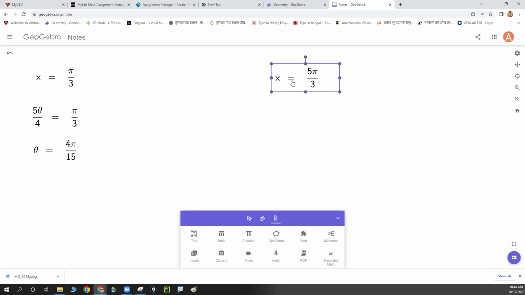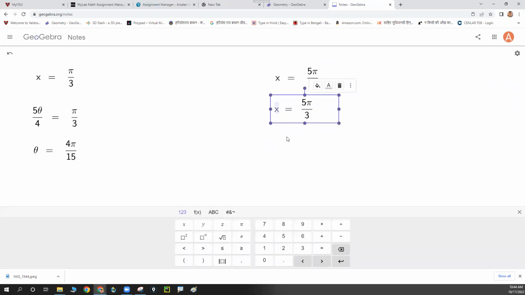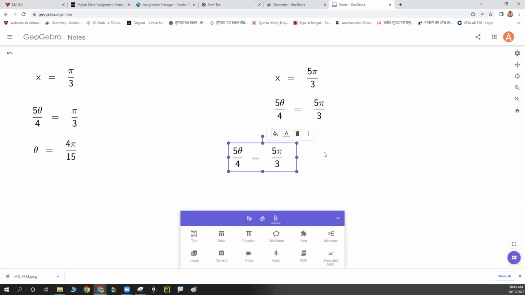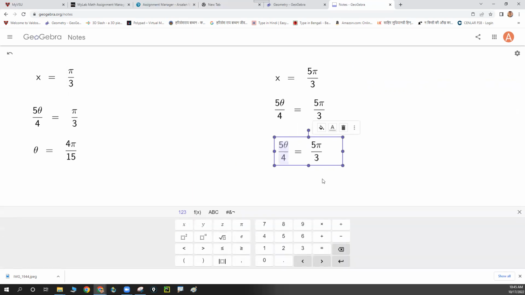I have to do the same thing with this. Replace x. Remember, we got two values for x. Replace x with 5 theta over 4. And to isolate theta, I'm going to multiply both top and bottom by 4 over 5. And this will be theta. 4 times 5 is 20.